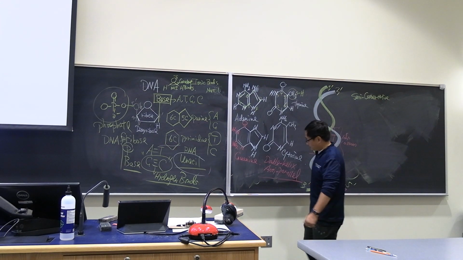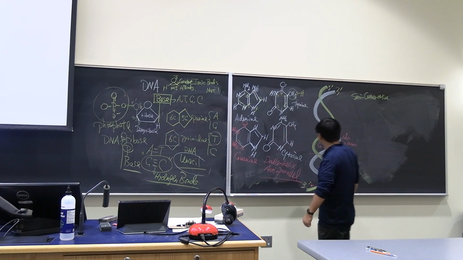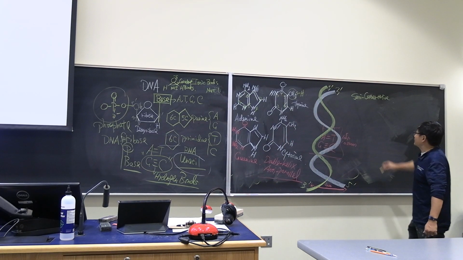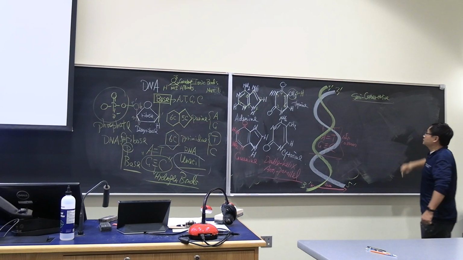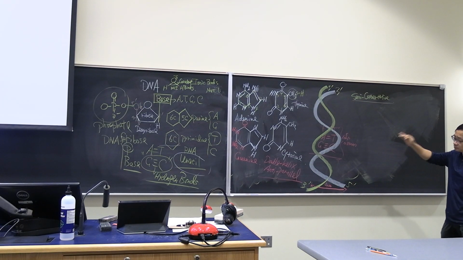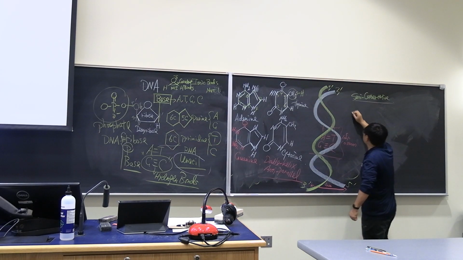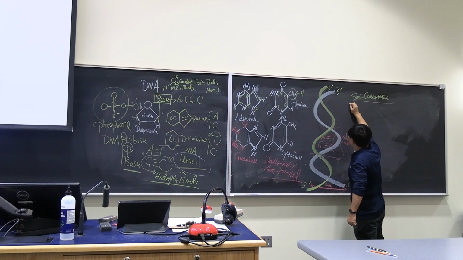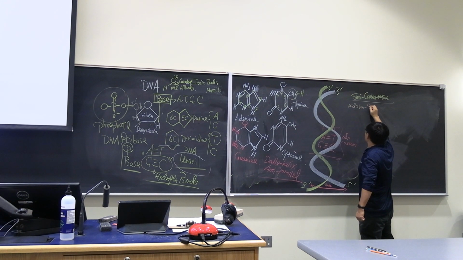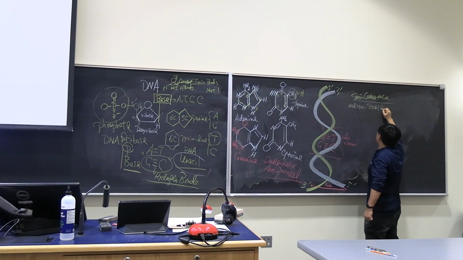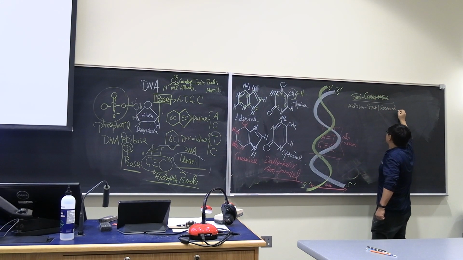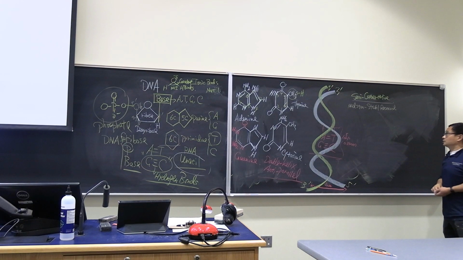In history, when they talked about the semi-conservative method, there was another research to prove and verify it. It's called the Meselson-Stahl research. Matthew Meselson and Franklin Stahl were two brilliant graduate students at Caltech back in the 1950s.